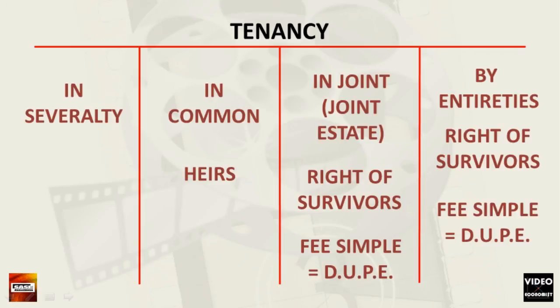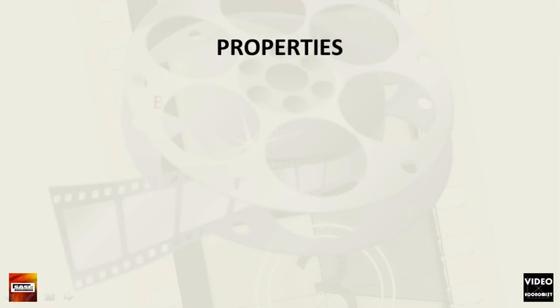In a joint estate, there is something called right of survivors, so anyone surviving has the right to continue the tenancy, and they have that fee simple, they have that fourfold rights of property. By entireties, right of survivor, and the same rights.